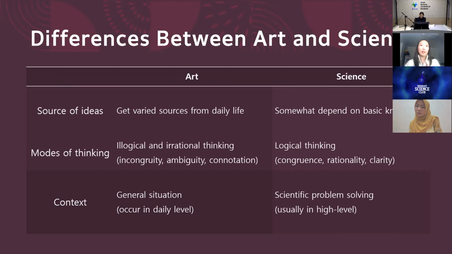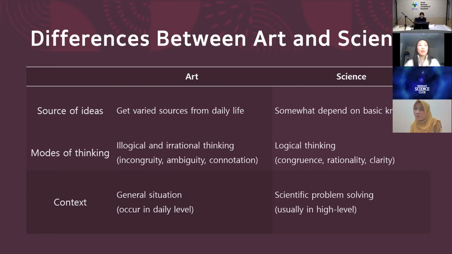Artists usually get their ideas from everyday life, and their sources of art are very wide and diverse. There is no fixed problem or process to follow in art, and they even get more praise when they escape from the norm. In addition, illogical and irrational thinking is acknowledged, but in science, the mode of thinking tends to be more logical.